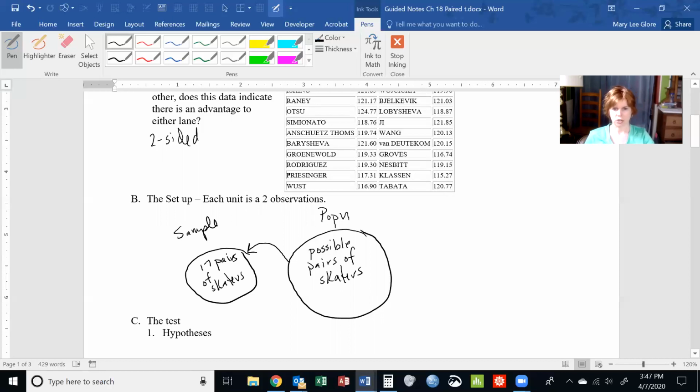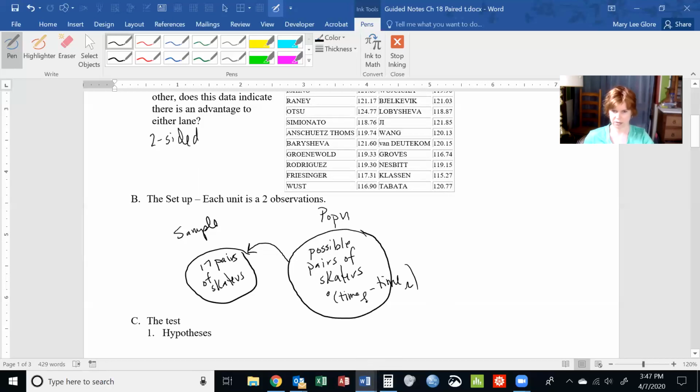Each observation is a pair of skaters, so for each pair I would have two times. Let's call it time left, with a little L down here, and time right.